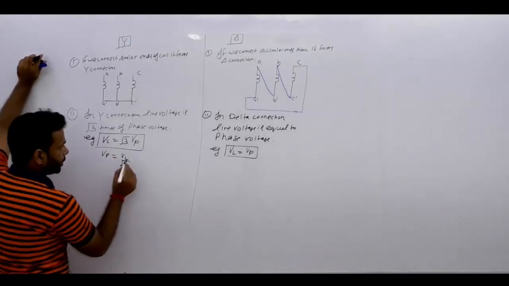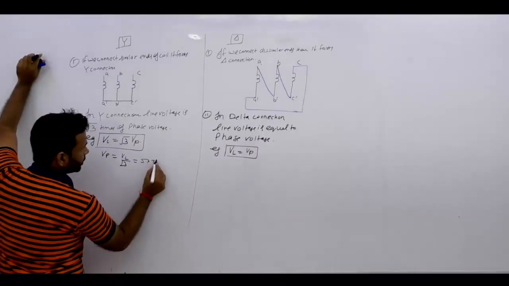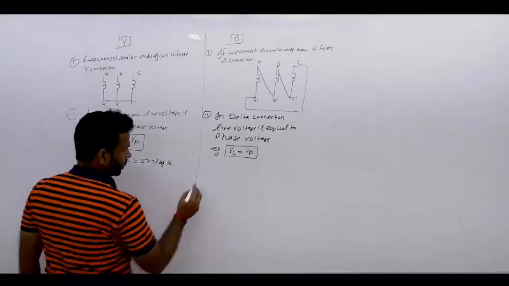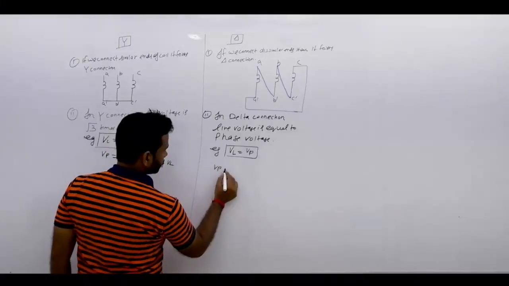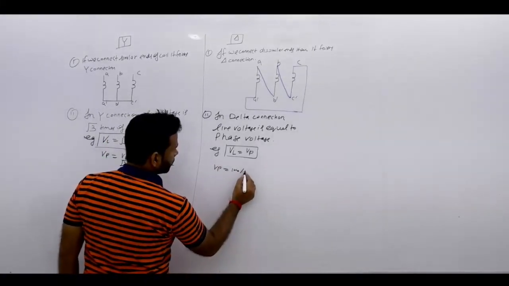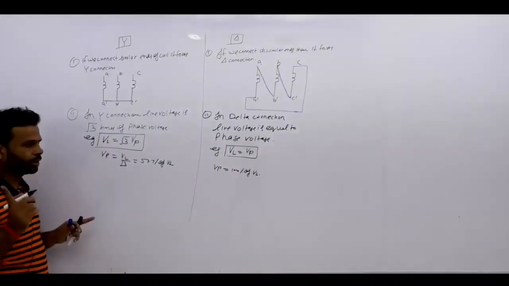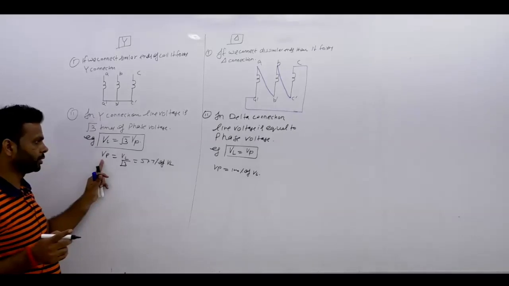So it is 57.7% of VL, but in delta VP is 100% of VL. Clear? Now your insulation is designed on the basis of per phase voltage.